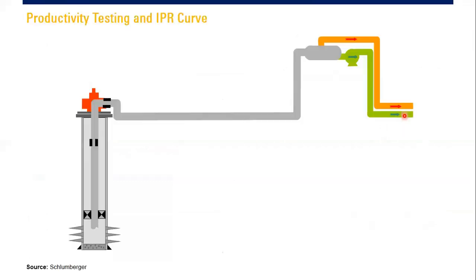Okay, so this is another story, or a simplistic story. So we have reservoir, we have well, we have flow line coming to the separator, and then from the separator we have gas stream and we have liquid stream.